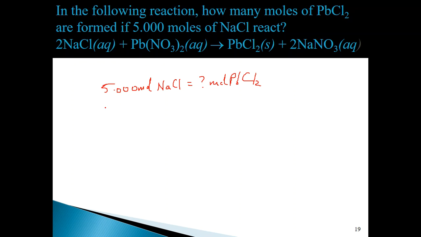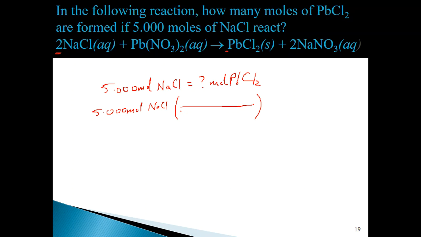So we start off with the 5.000 moles of NaCl, and we multiply that by the mole ratio from the balanced equation. What's the mole ratio? If you look at the balanced equation here, you see a coefficient of 2 here and a coefficient of 1 here.